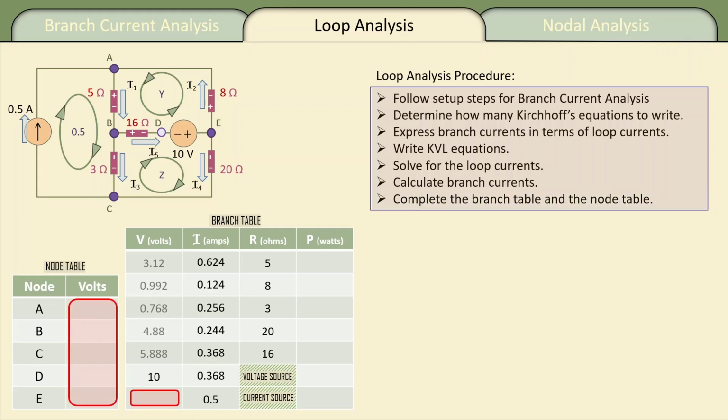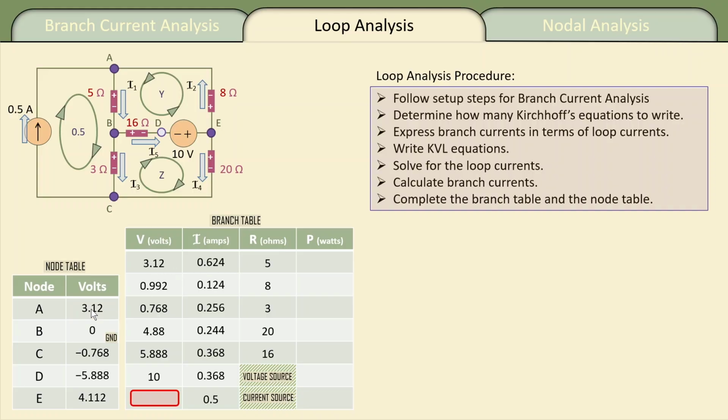So why don't we start with the volts for the resistors, because we have Ohm's law. And then we'll complete the node table. Now, just for a little variety, I'm counting node B as ground here. And again, as we saw earlier, if B counts as 0 volts, then, for example, the volts at A would be minus to plus, or plus the volts associated with the 5 ohms, which was 3.12 volts.